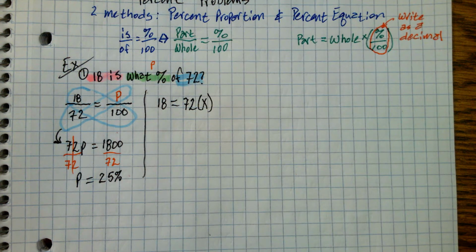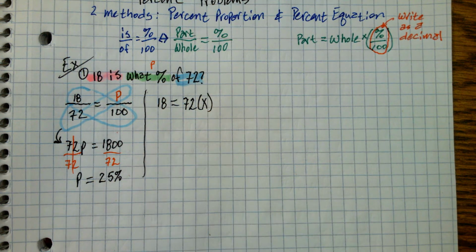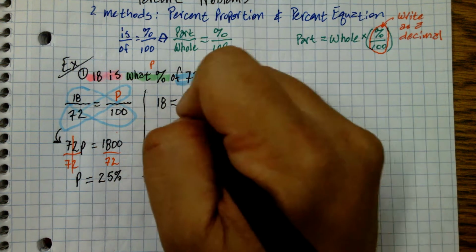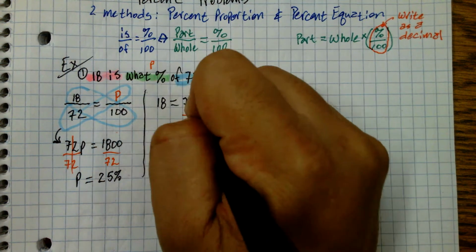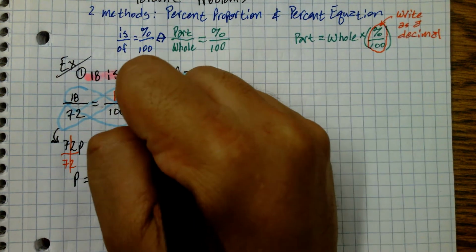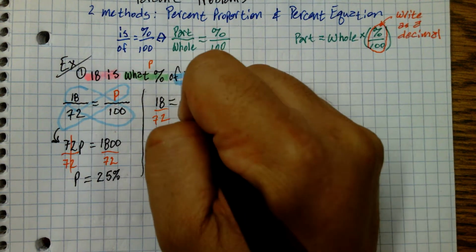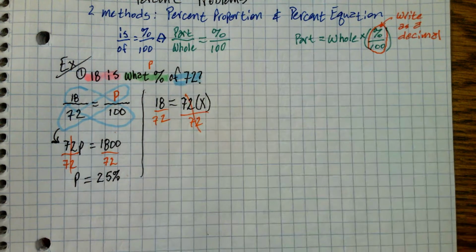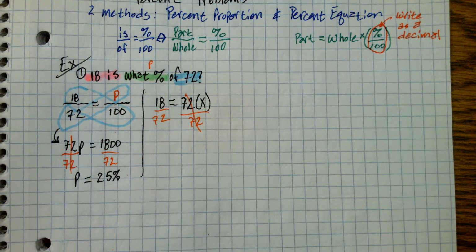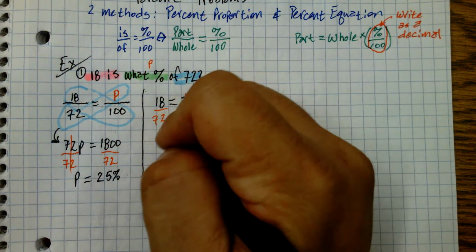Okay. And how do we solve this one? You want to get x by itself. Right now it's 72 times x. So we divide by 72. And that gives us 0.25.